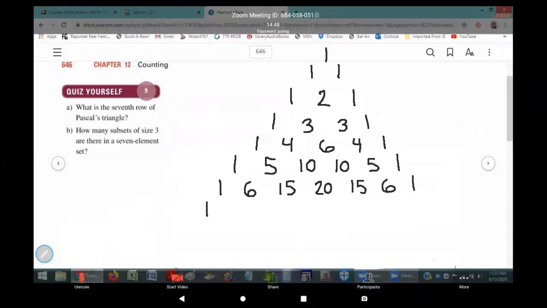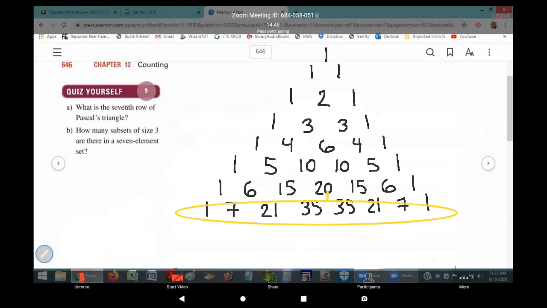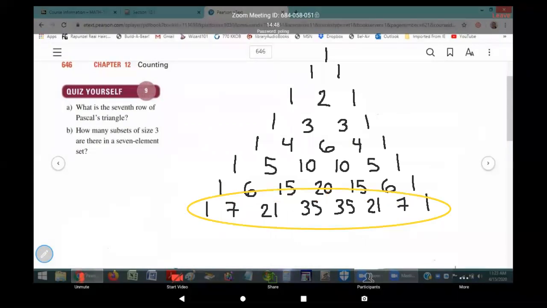And finally row 7. 1, 7, 21, 35, 35, 21, 7, 1. The seventh row of Pascal's triangle is the row whose first non-one entry is a 7.